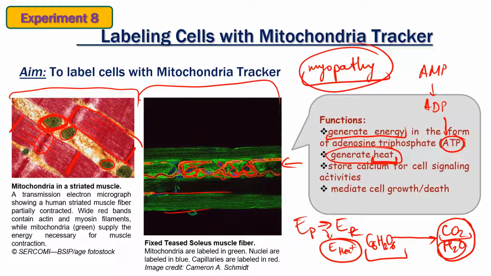Next, a very important function is to store calcium. So calcium is the vital ion that is required in many cells for keeping, for example, electrical charge, or to make sure that the contraction of muscle happens, etc., etc. So many things are actually related to calcium ions, and these calcium ions are stored inside the mitochondria.